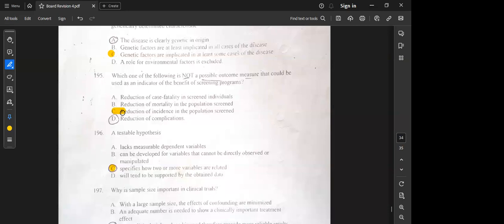But on that, Hiral, choice D, reduction of complications. Let's say we go to the same place, screen for that lung cancer as you described, and we find a few patients here with lung cancer, and we give them early treatment.